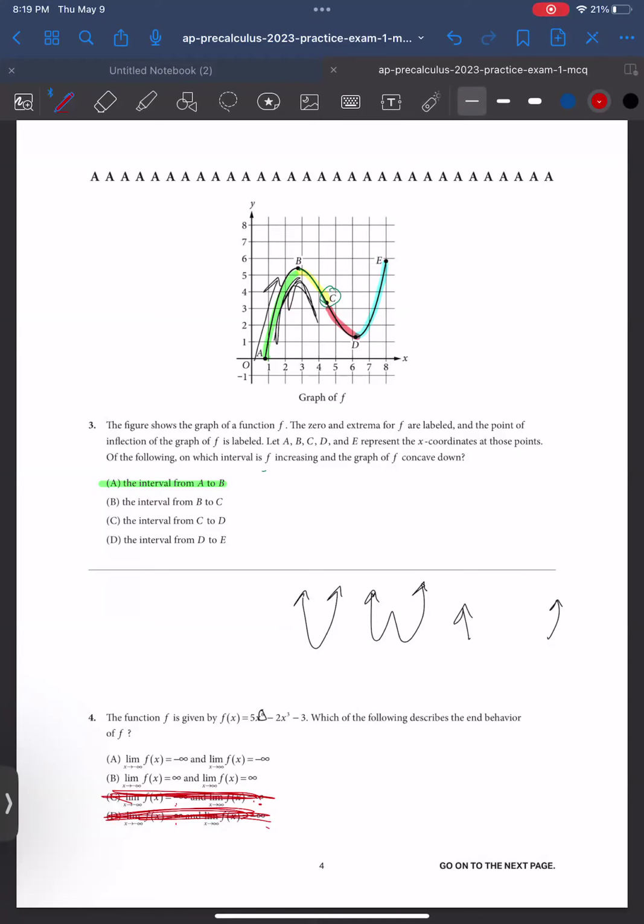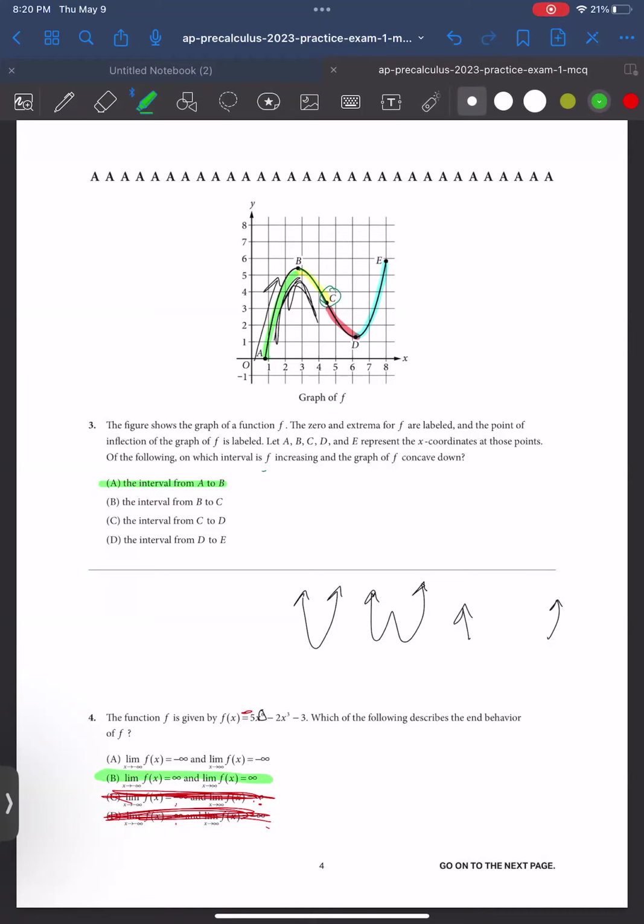And if it's going down on one side, then the other one also has to be going down. Okay, it would be both going to the positives because there's no negative in front of the polynomial. Oh, you're so right. It's a positive thing, so it has to go positive. Exactly. If there was a negative in front, then my whole function would be flipped upside down. But because it's not, it's just going to go into the positives. So B.